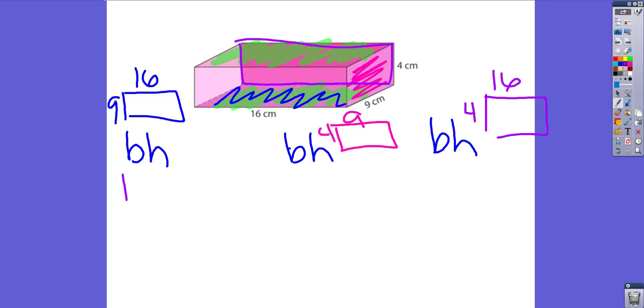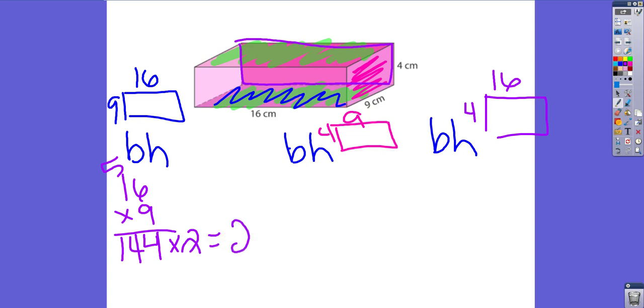Okay, we should have multiplied 16 times 9, which gave us 144, but because we have two sides, then I would count that twice. Okay, then we would have done the same thing here.